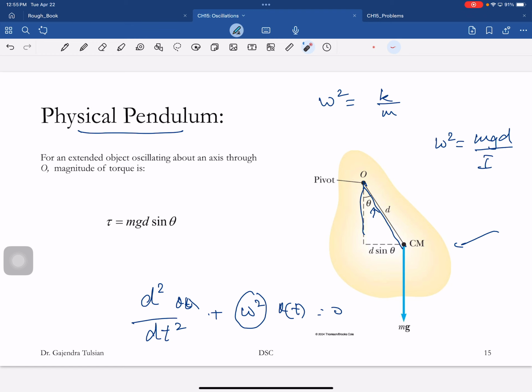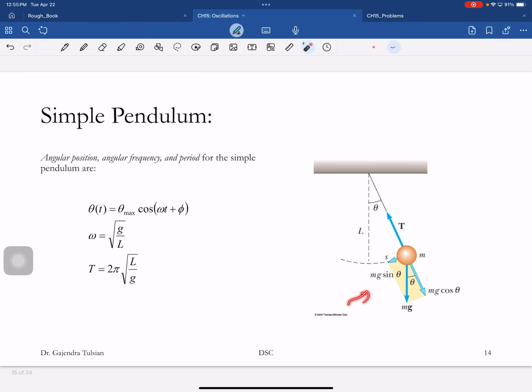For the simple pendulum, omega squared is g over L, with theta(t) again. So you see the importance of studying a differential equation? You study one equation, and how many different systems do you get to describe? 100 million. I was just exaggerating, but you describe many, many systems.